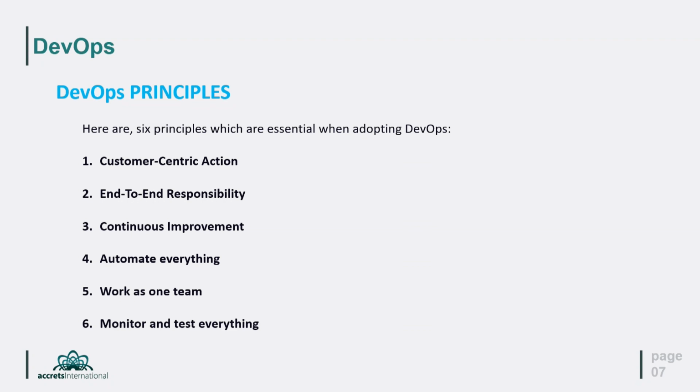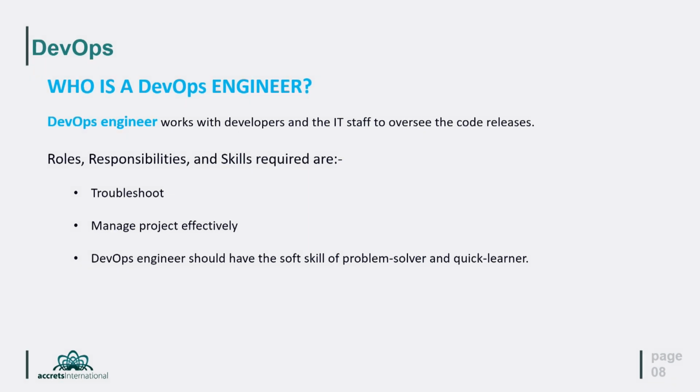Moving on. Now, who is a DevOps engineer? A DevOps engineer is an IT professional who works with software developers, system operators, and other production IT staff to administer code releases. They should have hard as well as soft skills to communicate and collaborate with other teams.